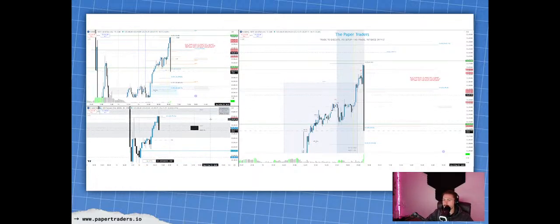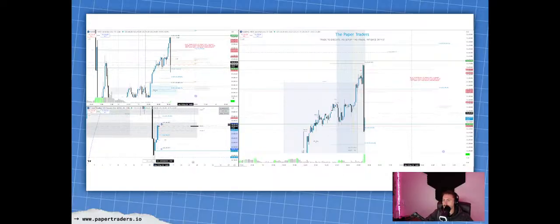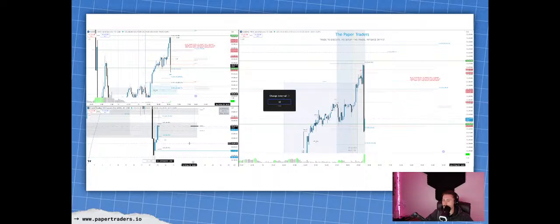Slowly coming into the OTE. That 4 hour looking disgusting now. 4 hour. Below the 50% of this 4 hour candle. We know what happens there. Right, there's the CE right there. So we're going to be watching this closely.